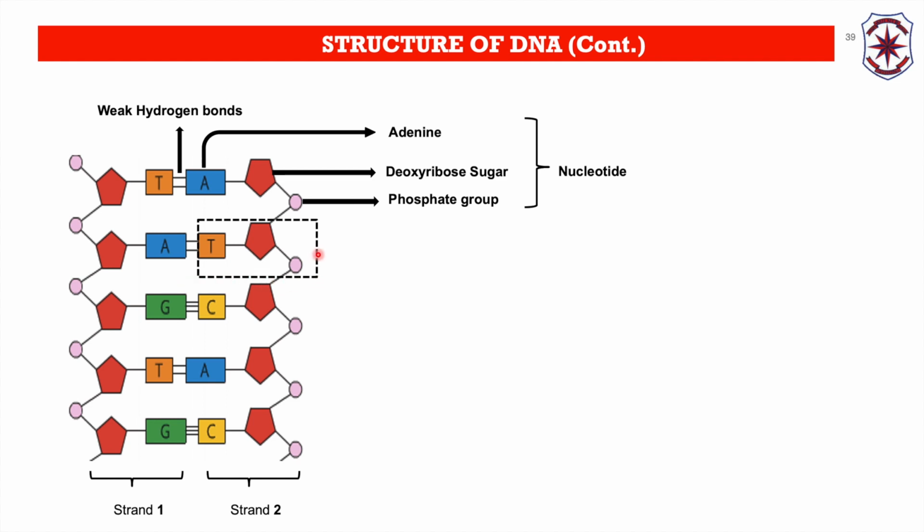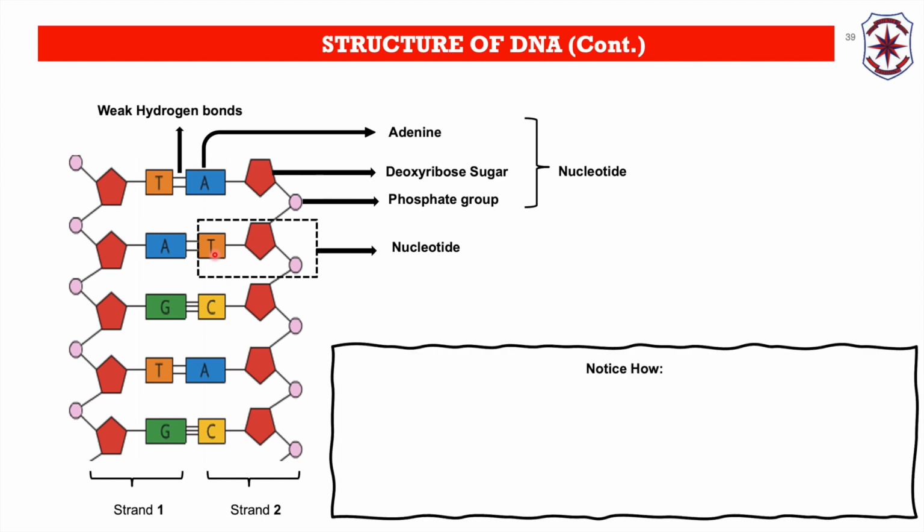So this whole structure, what is it called? It is called a nucleotide, specifically a DNA nucleotide. How do we know that it is a DNA nucleotide? Because of this thymine. Remember, thymine is found exclusively on DNA nucleotides and not on RNA nucleotides.